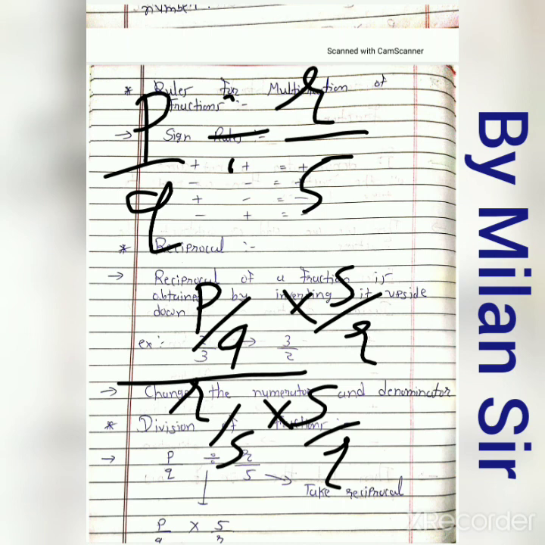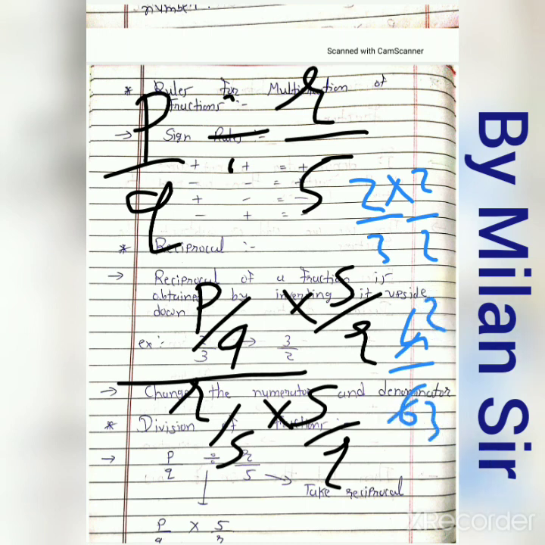Right? Let's take one example. 2 by 3. If you multiply and divide it by 2, then 2 times 2 is 4 in the numerator, and 3 times 2 is 6 in the denominator. Then here too, 2 and 2 cancel, and we get 2 by 3.